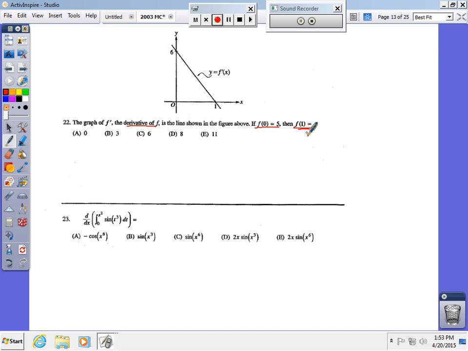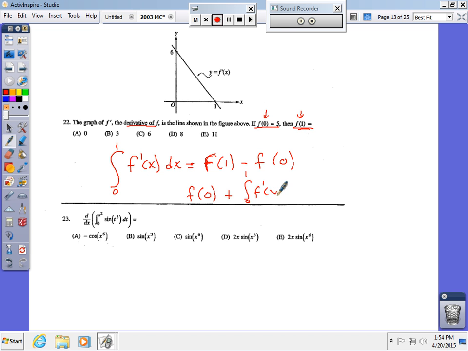Again, there's a couple of ways you can do this, but I think the easiest way to do this is if we integrate from 0 to 1 of the derivative of that, that's equivalent to f of b minus f of a. And they want us to find f of 1, so we're going to solve this. So we're going to do f of 0 plus the integral from 0 to 1 of f prime of x dx will equal f of 1.